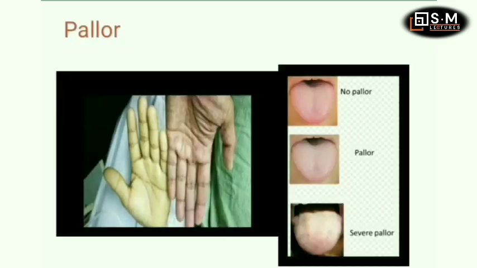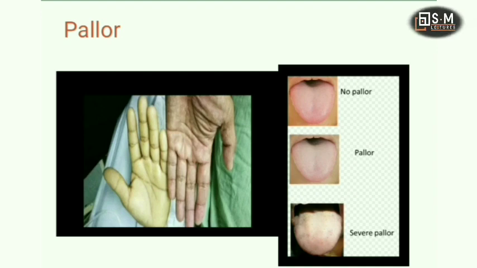Then if you look at the other pictures, you will see the tongue as well. The sites in the body where you can check pallor are the conjunctiva, palm, tongue, submucosa, and even nail beds.